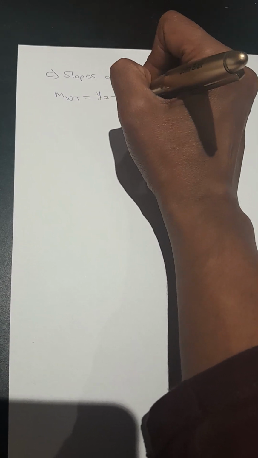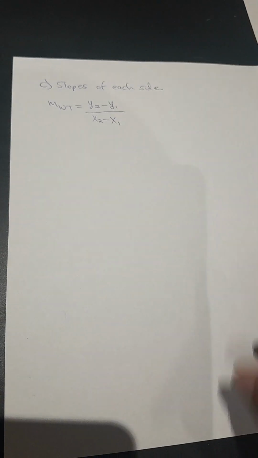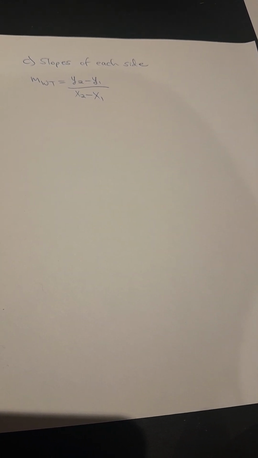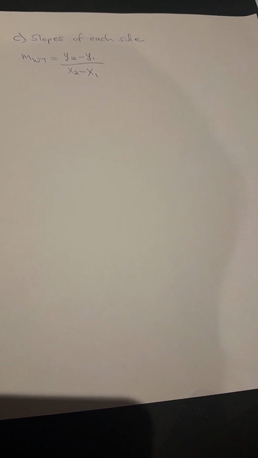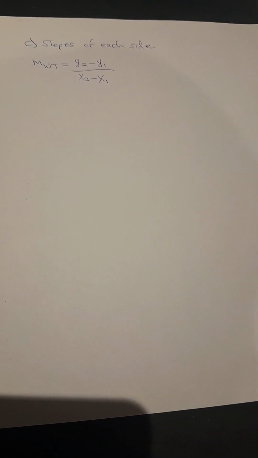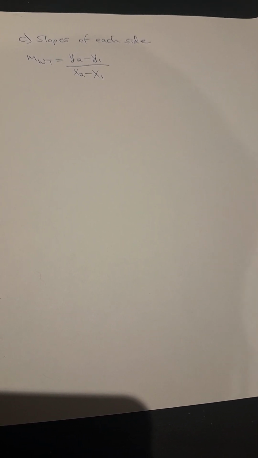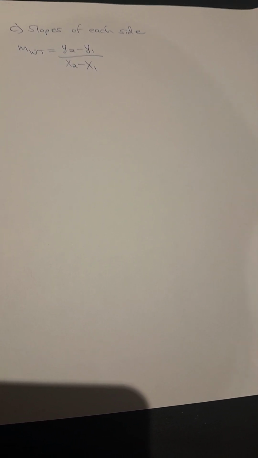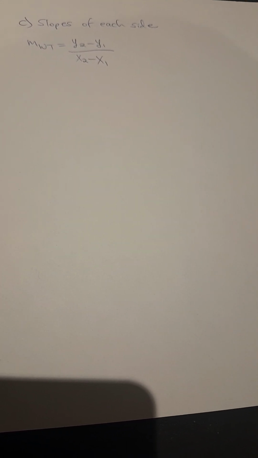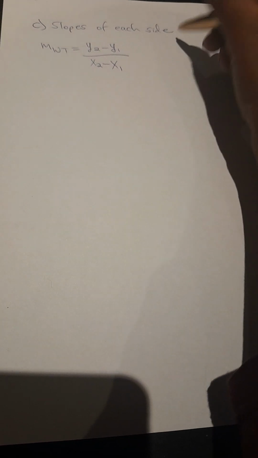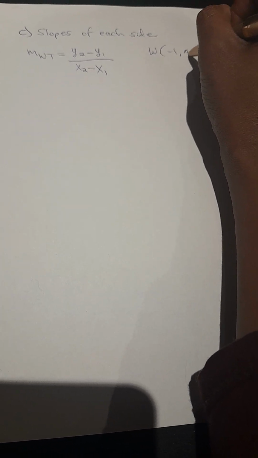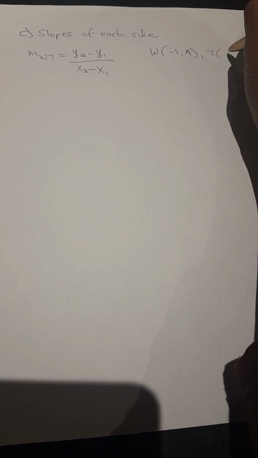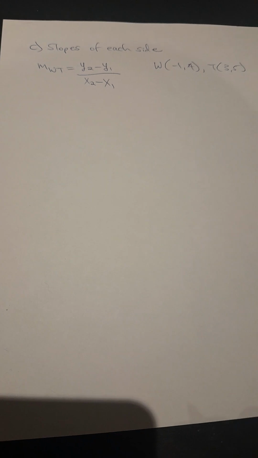So WT. The formula for slope, y2 minus y1 over x2 minus x1. And we're going to just use the same coordinates that we had. So we're doing W and T here. So maybe I'll write out the coordinates just so you can see here. W is negative 1 and 4, and T is 3 and 5.